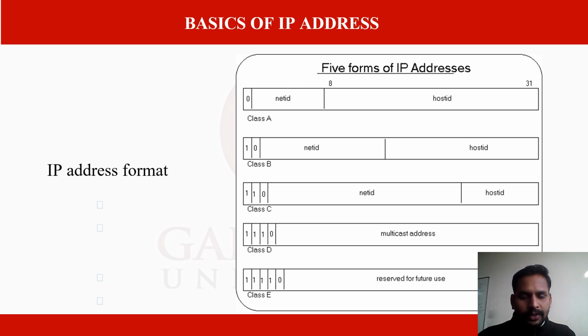If you go for class B, the network ID increases and the host ID decreases, so we can connect only a few systems compared with class A. If you go for class C, it takes more net ID and only a few host IDs. Compared with class A and class B, class C networks can have only a few hosts. That is what we can understand from this diagram.